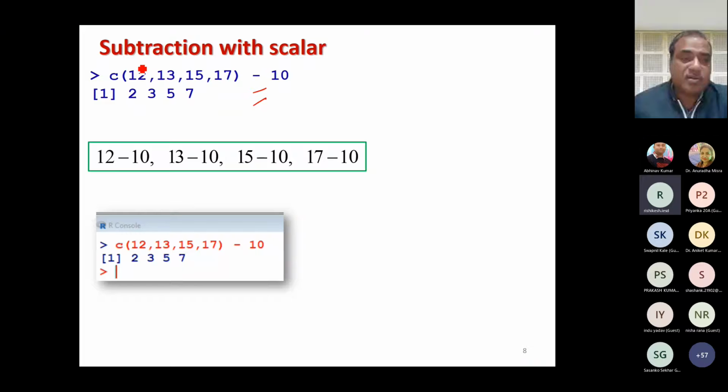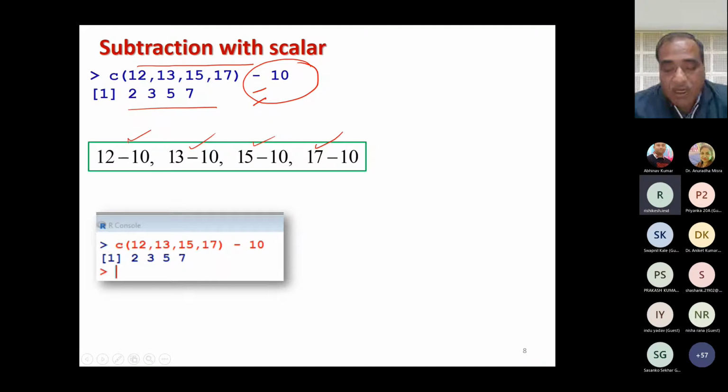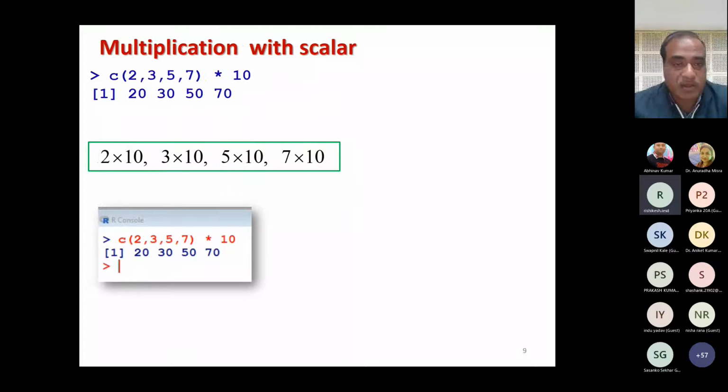So I take the data vector of 4 values 12, 13, 15, 17, and subtract 10 from them. You can see every number is subtracted by 10, and you get the outcome 2, 3, 5, 7. That is how subtraction happens with a scalar and a data vector. Similarly, if you take the multiplication sign, the multiplication is operated on each of the elements 2, 3, 5, and 7, and you get the outcome without any problem.